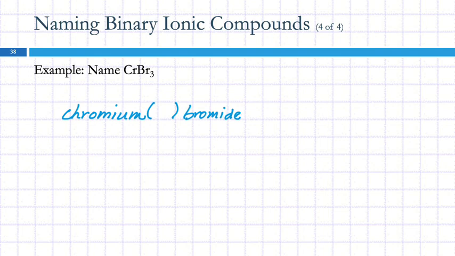So now in this situation, could we cross? Or no, because what we have to do is look at the charges on these ions, right? So we're going to deconstruct this, and we've got Cr, and we've got Br, and there's 3 of those.